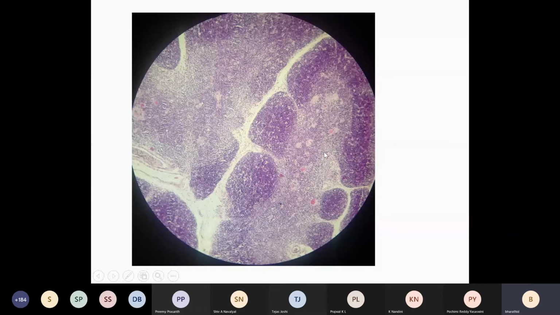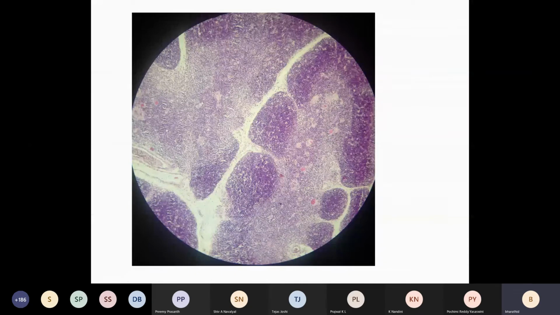Unlike the basophilic cells here, this is pink stained. It is formed by degenerated epithelial cells and degenerated macrophages.